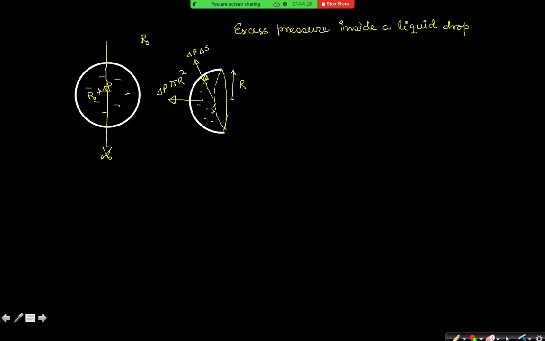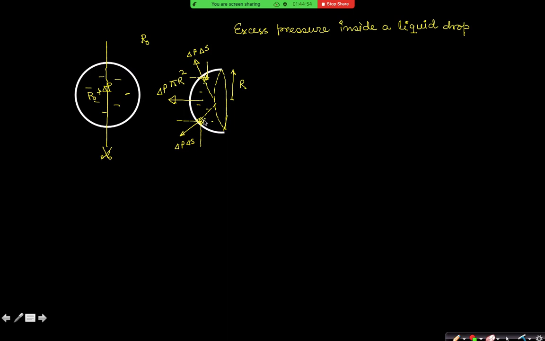And similarly you will find another area here where the force will be delta P into delta S. Now delta P is a constant. So to find the net force, I cannot simply add these two forces; rather I will add their components, their horizontal components actually.